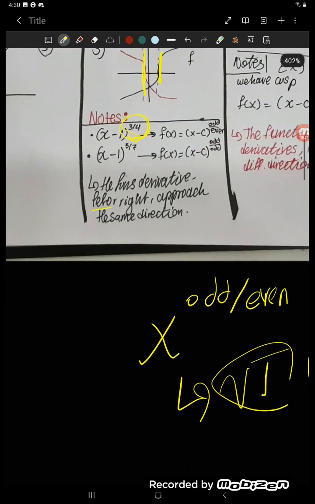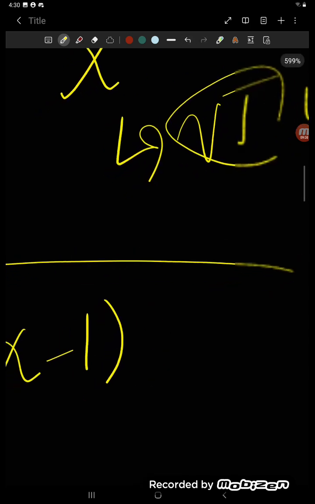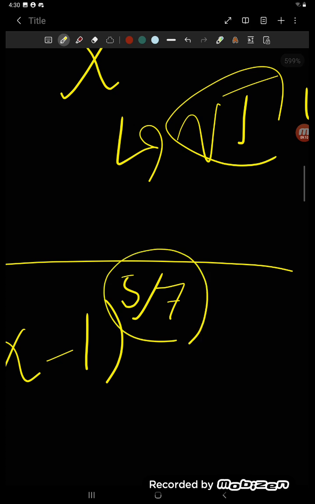All right, so for the second example that I do have, hold on, my bad. Okay, if you look at it, 5 is an odd number, and so is 7. So when in the power we have odd over odd, there's a vertical tangent. Now, look, that's the cool part. That's something that differentiates it from everything else.